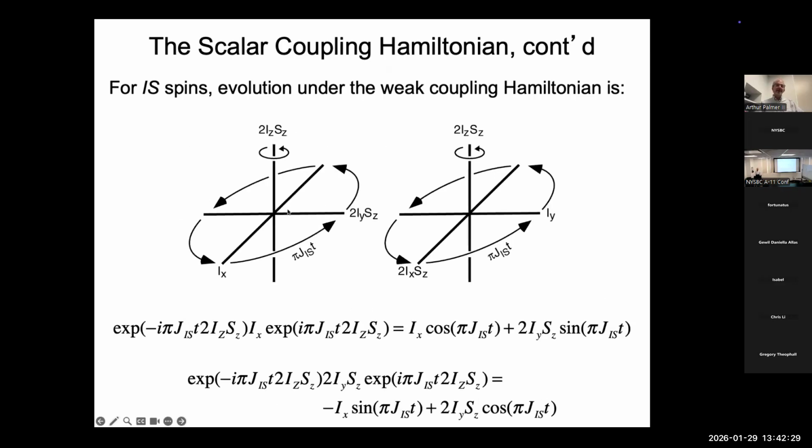So I end up with a picture that looks like this, that says, if I let the scalar coupling evolve, some operator that looks like IX is going to end up evolving to an operator that looks like 2IYSZ.